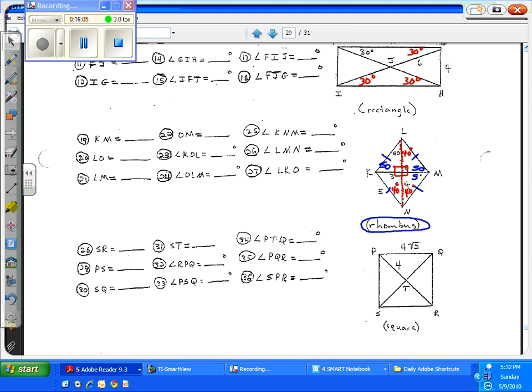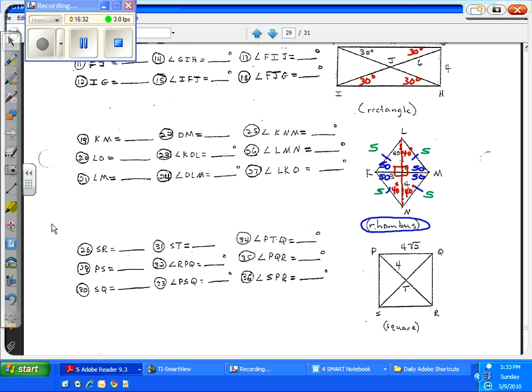By, again, either the sum of the angles of a triangle is 180, or by the acute angles of a right triangle are complementary. We know that all 4 sides are equal, so if this is 5, this is 5, this is 5, and this is 5, we begin by knowing that that side KN was 5.